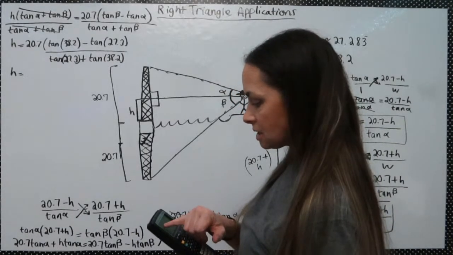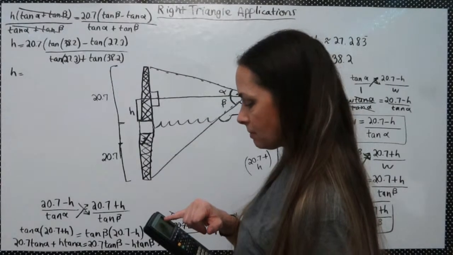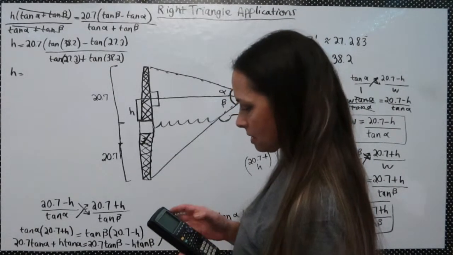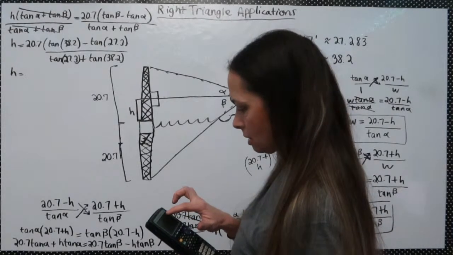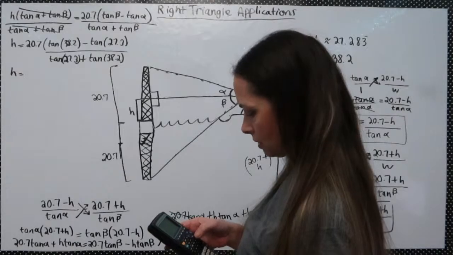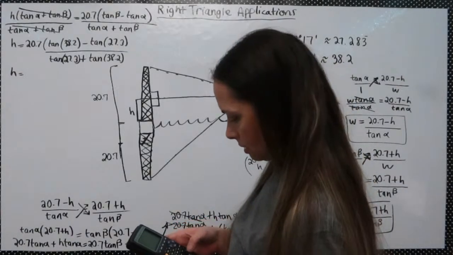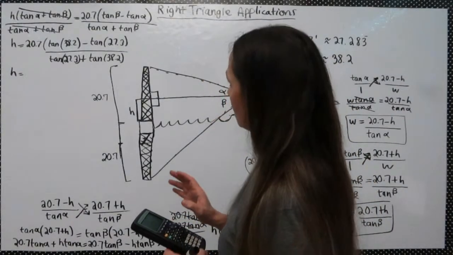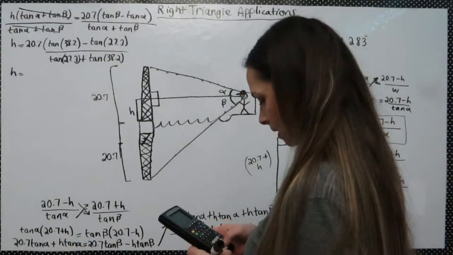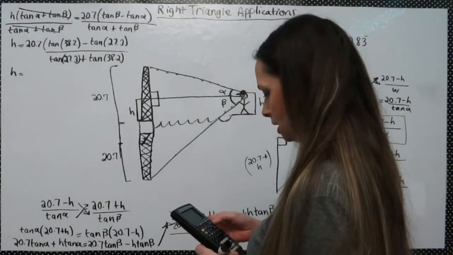Close those parentheses, and then divided by, I gotta have one more in there. So that's divided by tan 27.3.